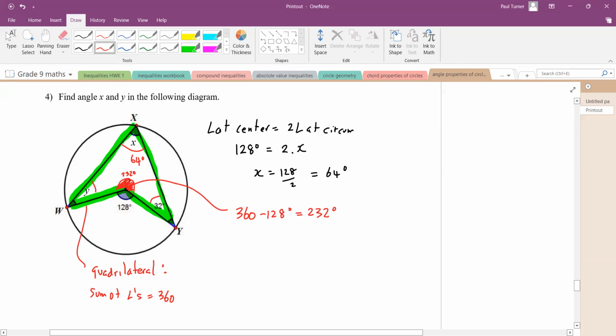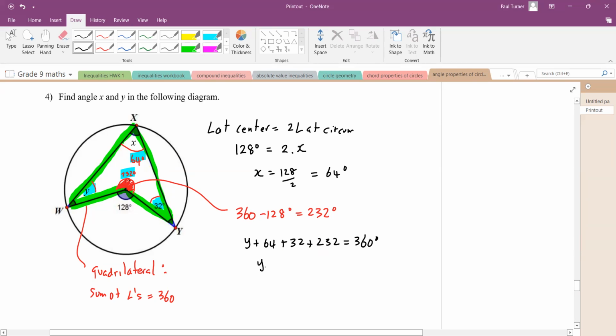If we add these four angles here, we should get 360, okay? So we'll add them up: y plus 64 plus 32 plus 232. And we should get 360 as the sum of those angles.